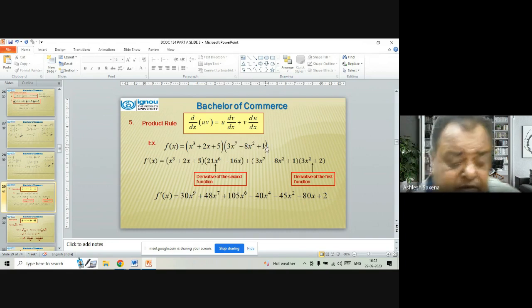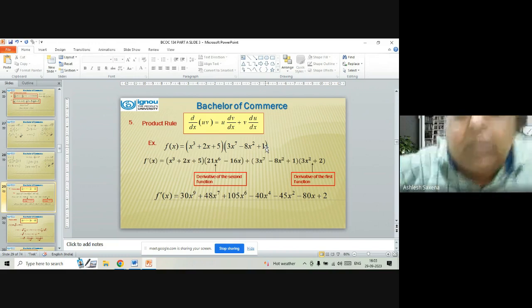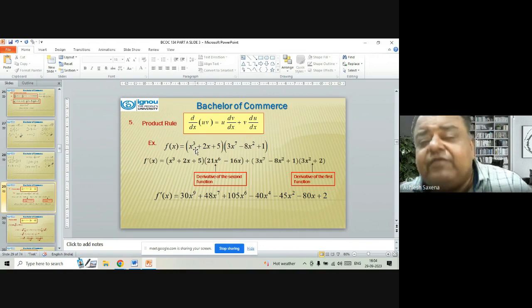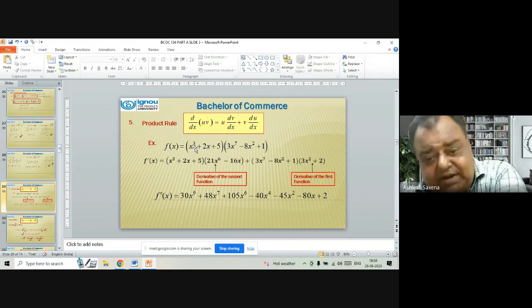What we will be doing, what is the method? Keep the first function as it is. Differentiate the second one. Plus keep the second function as it is, and now differentiate function 1.